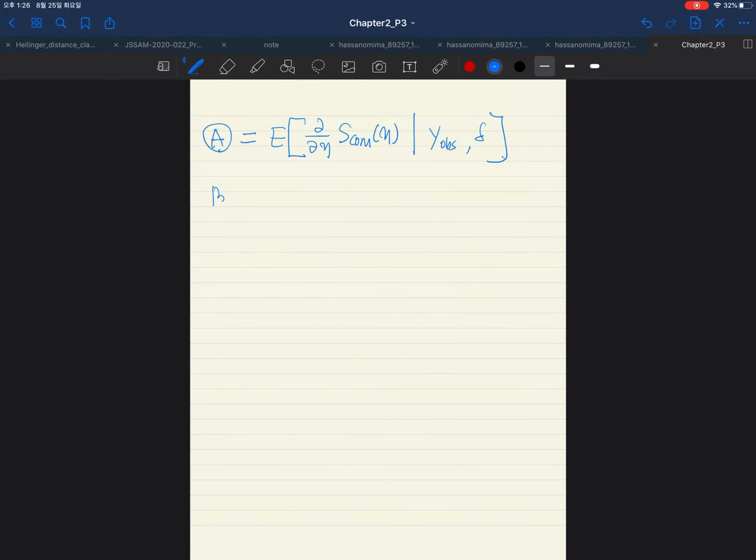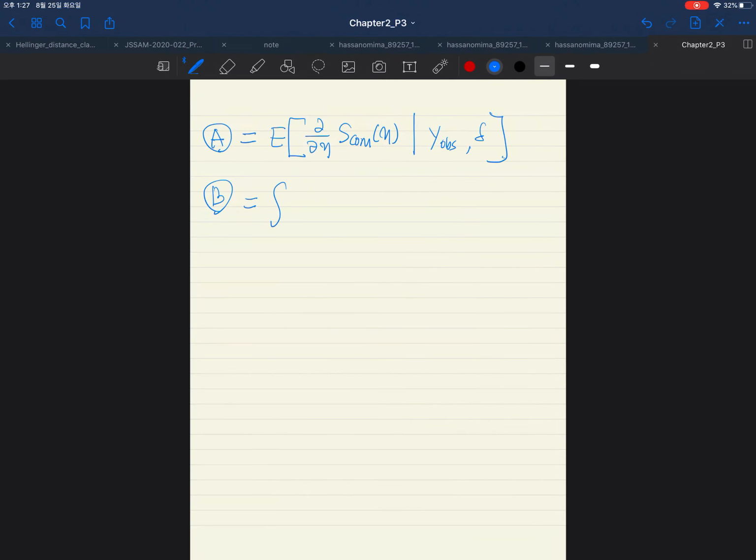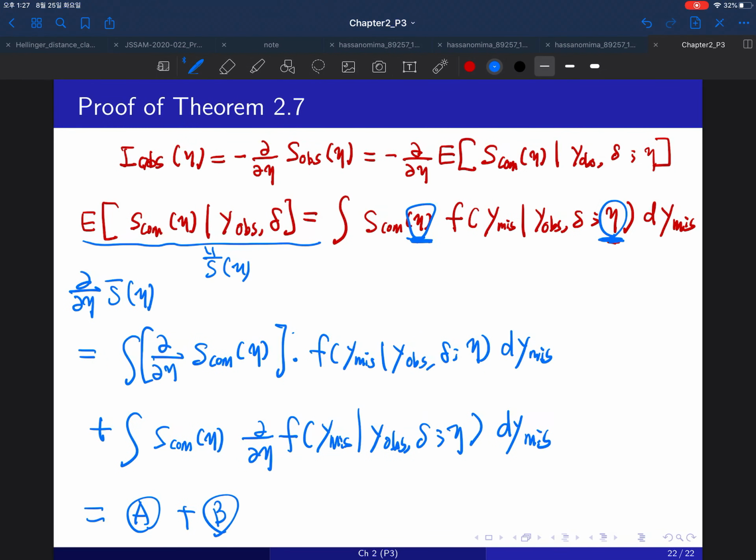And the second component is SCOM theta times the partial derivative of the density. And notice that this guy is S miss theta times the density. Remember that the partial derivative of a density is a score function times the density, right? So that's what's going on here.